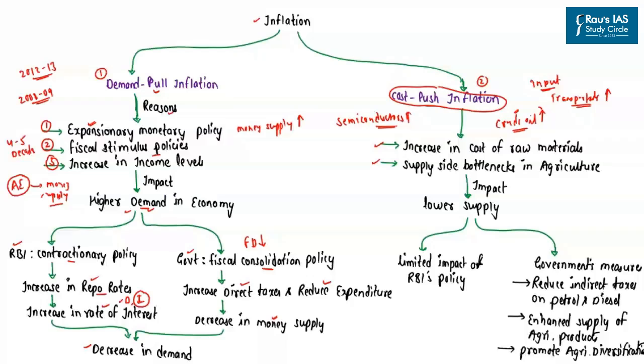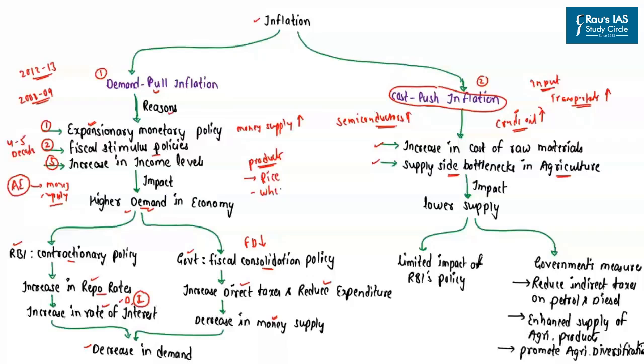Similarly, when you look at Indian agriculture, in Indian agriculture also we have a number of supply side bottlenecks. For example, if you have a look at our production basket of Indian agriculture, that is what we are basically producing. The production basket of Indian agriculture is basically dominated by rice and wheat.